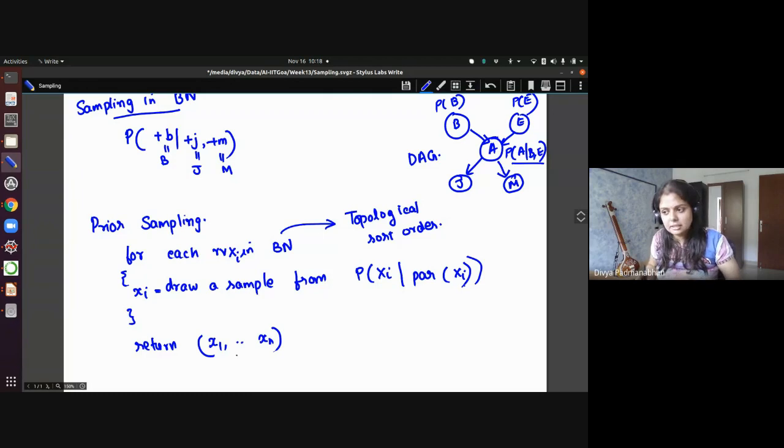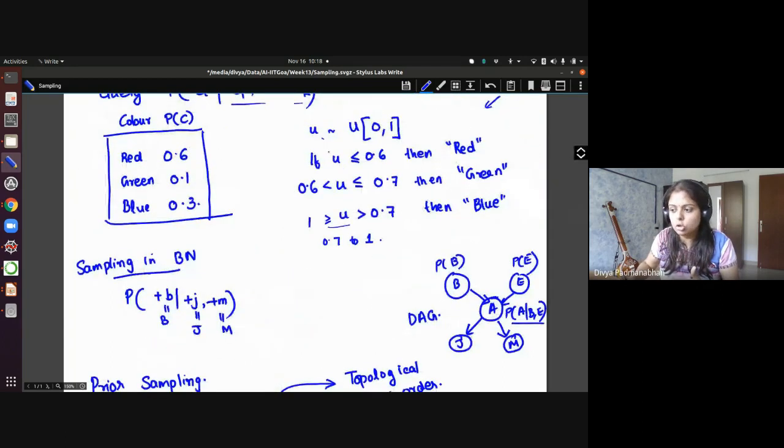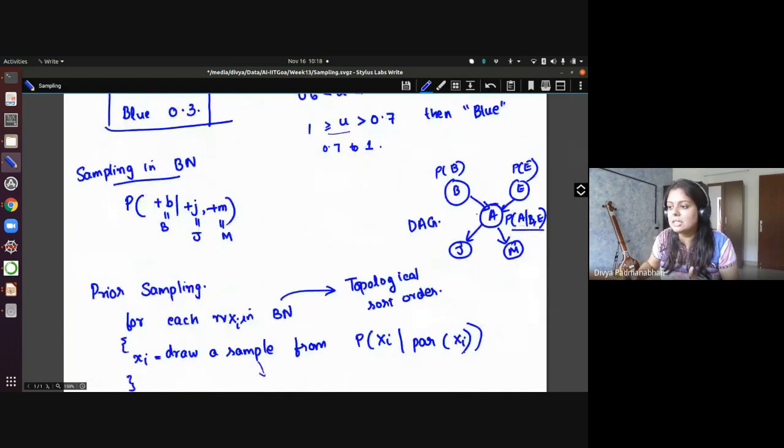It turns out that this is indeed going to be from the underlying joint distribution, because what you did was essentially follow the structure of the Bayes net. When you do this enough number of times, you're guaranteed that you are sampling from this distribution.